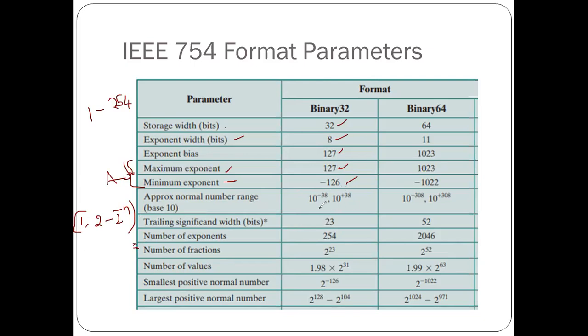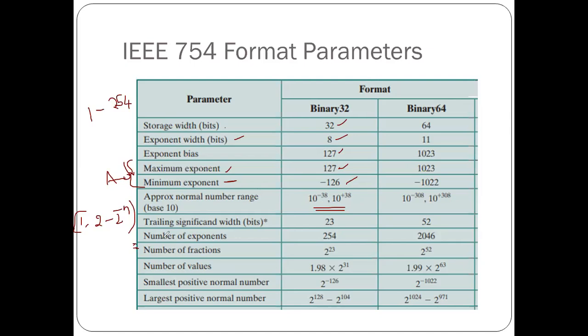After converting them to decimal, these are the values: 10 power minus 38 to 10 power plus 38, the normal number range. From here to here, this is the total range in base 10.